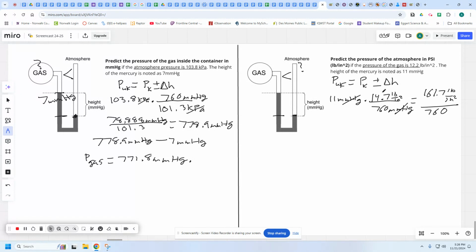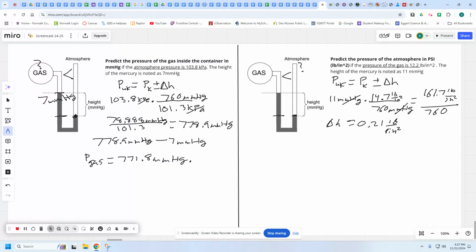You multiply straight across the top. And then if you take 161.7 divided by that 760, you should get a change in height or change in pressure of 0.21 pounds for every 1 inch squared.